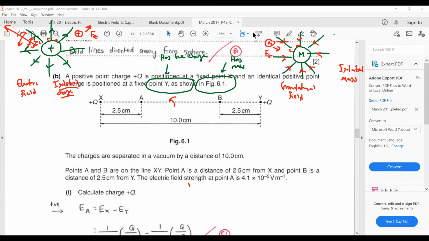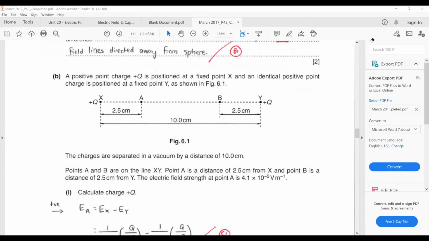So based on the situation that you have here, this one here is not considered to be an isolated charge. Okay, let me just clear this one off. Now when you look at this one here, this is a case between two charges.